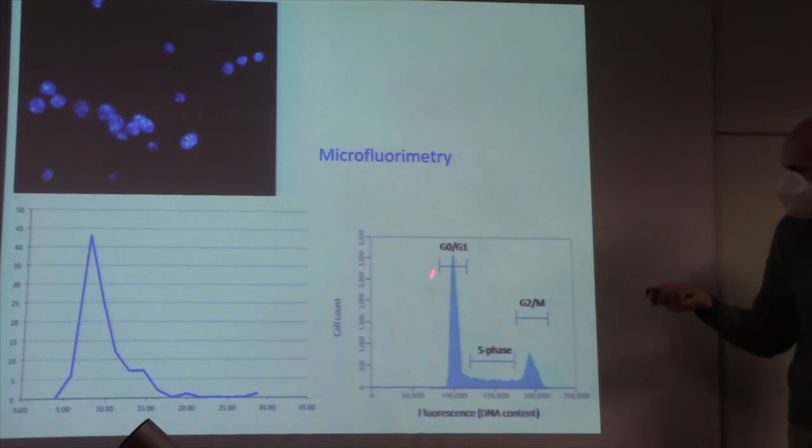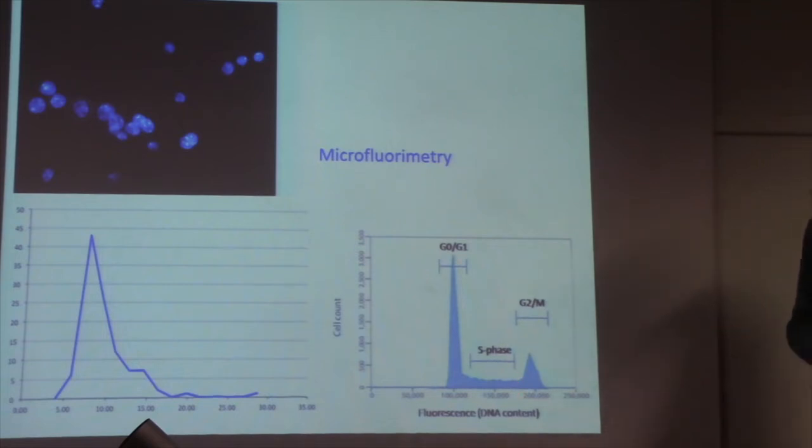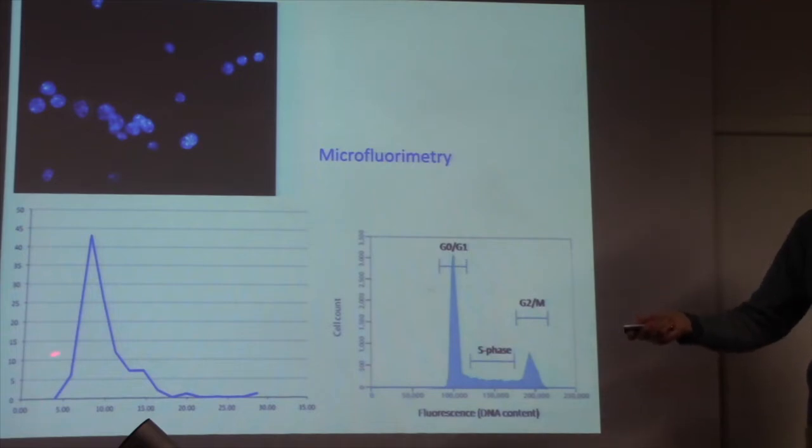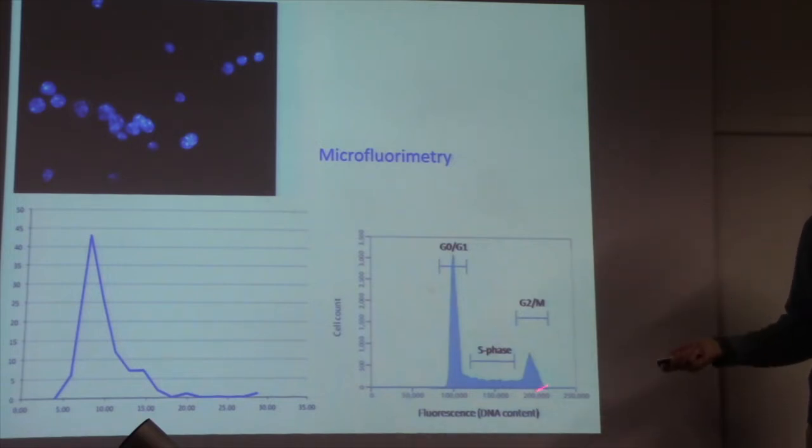But this is a typical cytofluorimetry plot, and you see it is very similar to what we get here. The only difference is here we have between 100 and 200 cells, and here you have easily 10,000 or more cells.